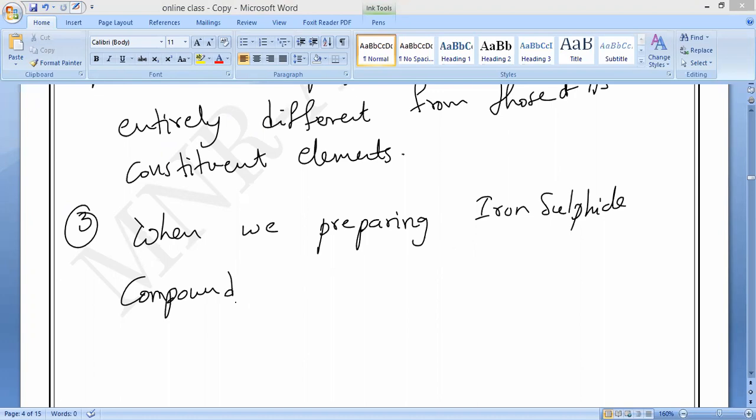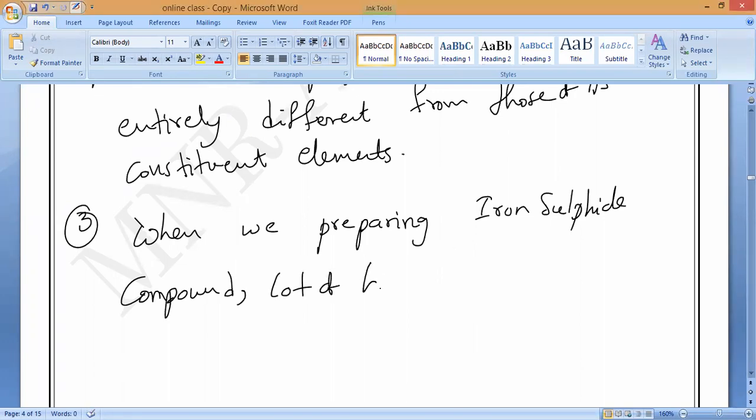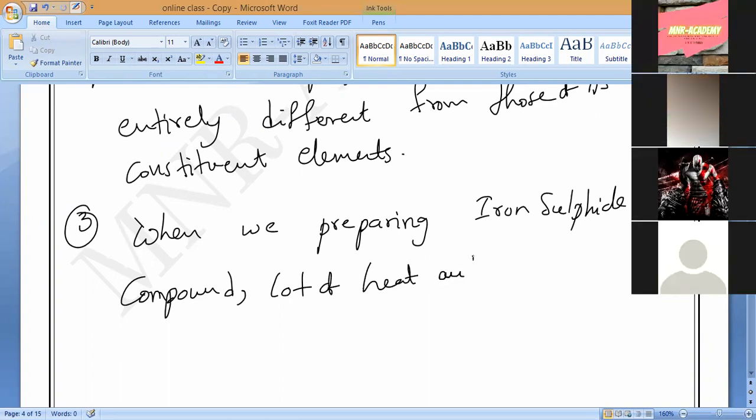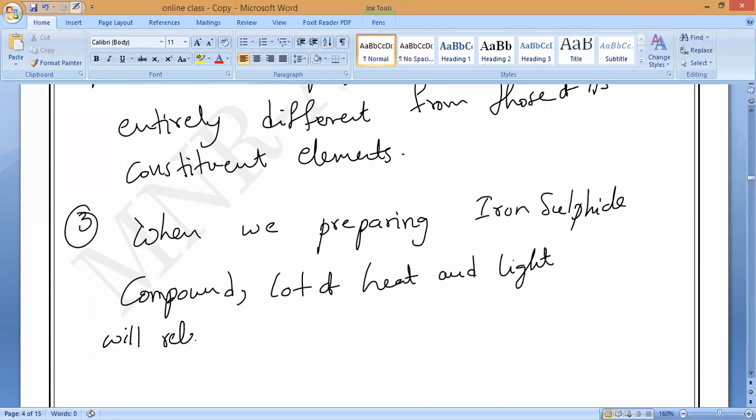When we are preparing the iron sulfide compound, a lot of heat and light is released during the reaction. Do you understand? During reaction, some chemical reactions also absorb energy. That is also something you have to remember.